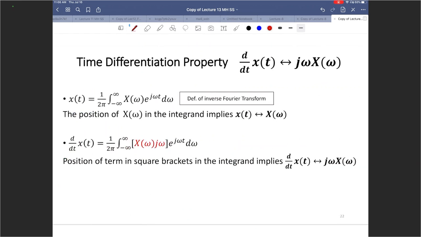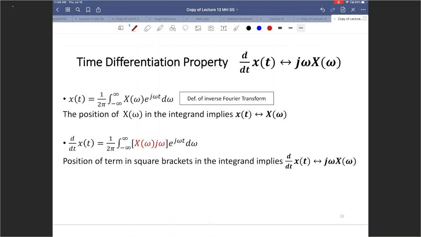Let us take a look at a very, very useful property next. I hope while you guys are doing some homework problems on Fourier series, you are realizing that the time derivative property to find the Fourier series coefficients of periodic signals is extremely useful.